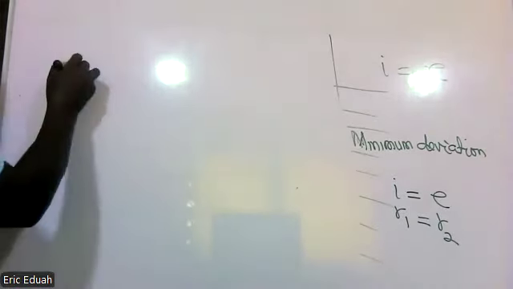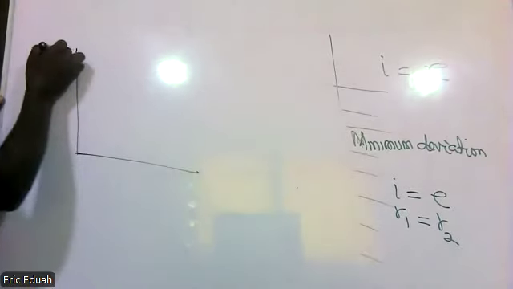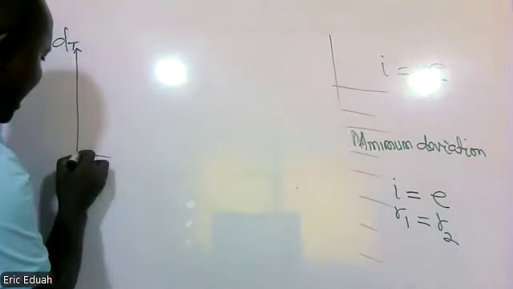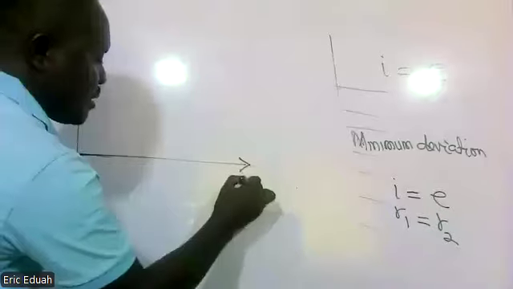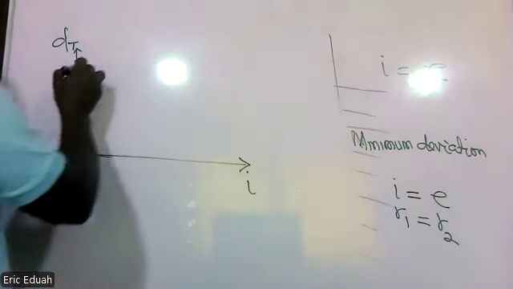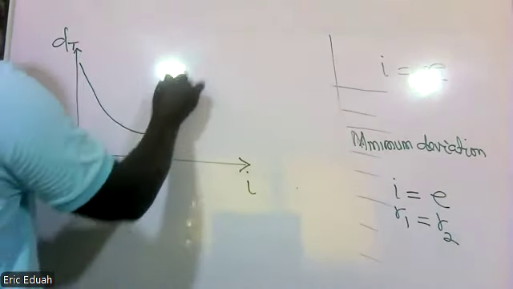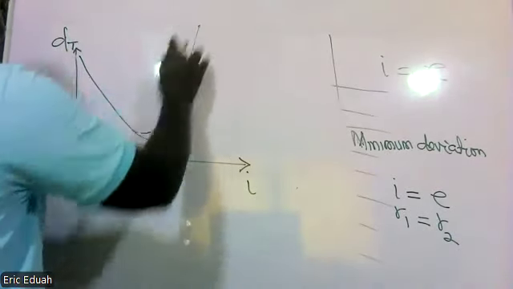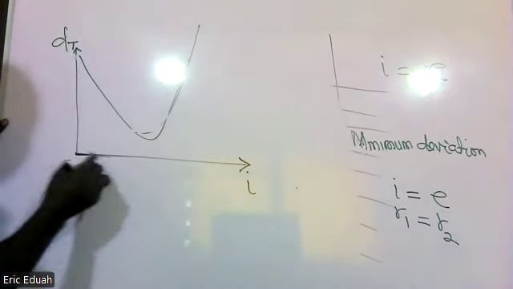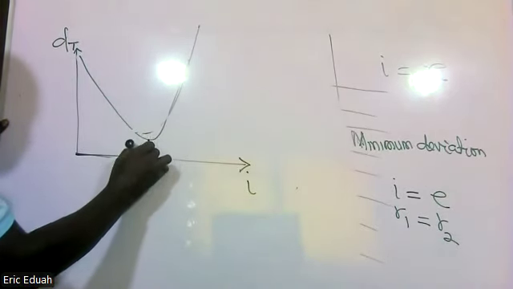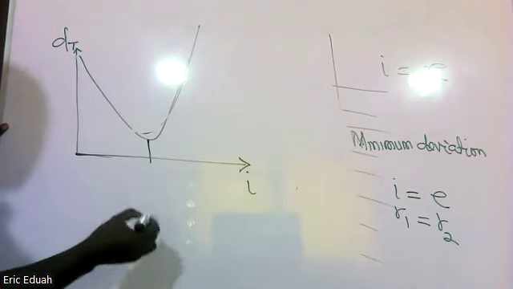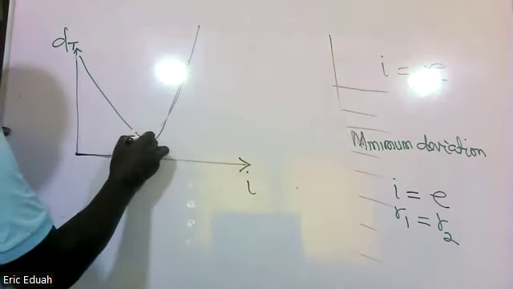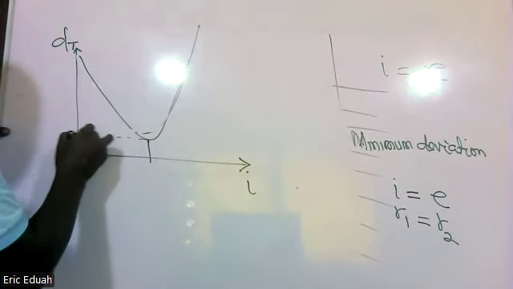So a graph of dt against I gives us a curve like this, where this point will be equal to that angle of incidence, which gives us the minimum deviation.